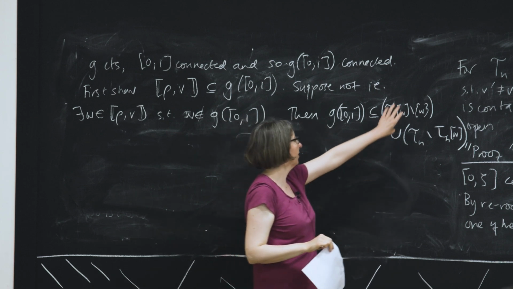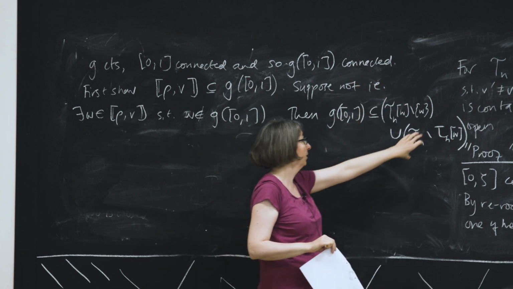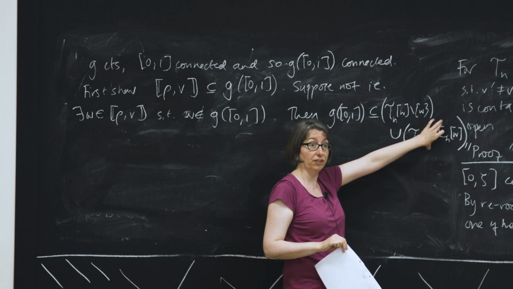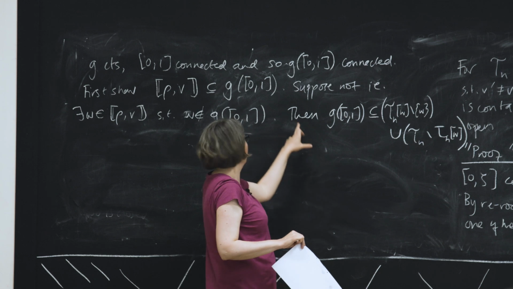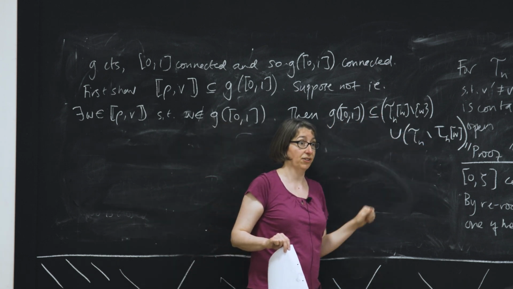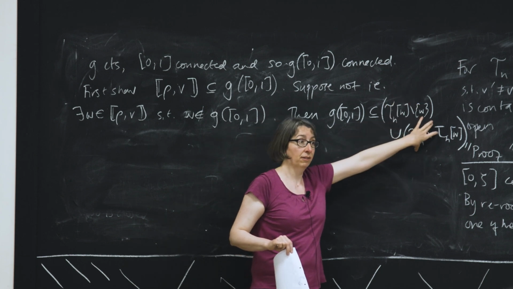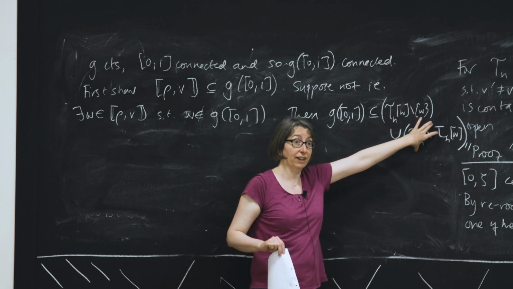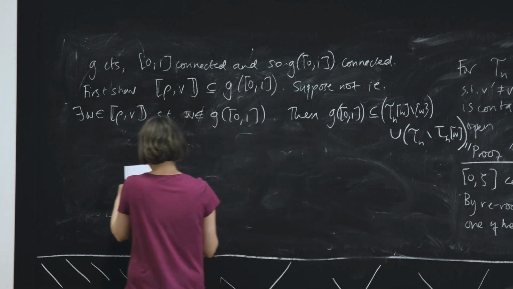So this is the subtree, the descendants of W, but not including W itself, and this is everything that's not a descendant of W. Okay? And if W isn't in this image, then this image must be contained in the union of those two sets. But we said that these were disjoint open sets. Okay? So that contradicts the connectedness of this image, G of [0,1].